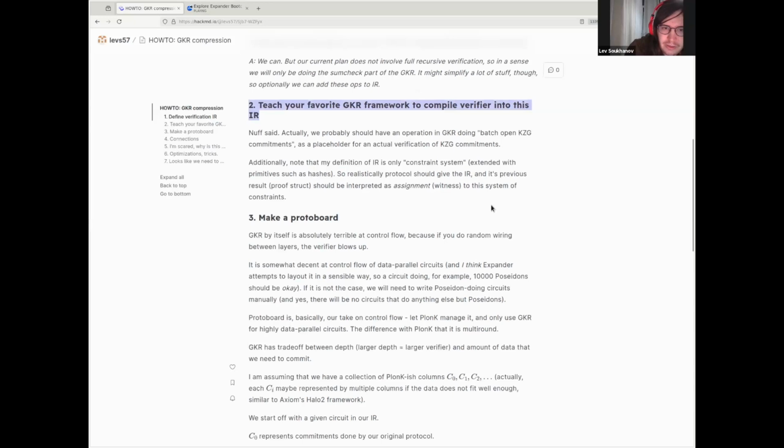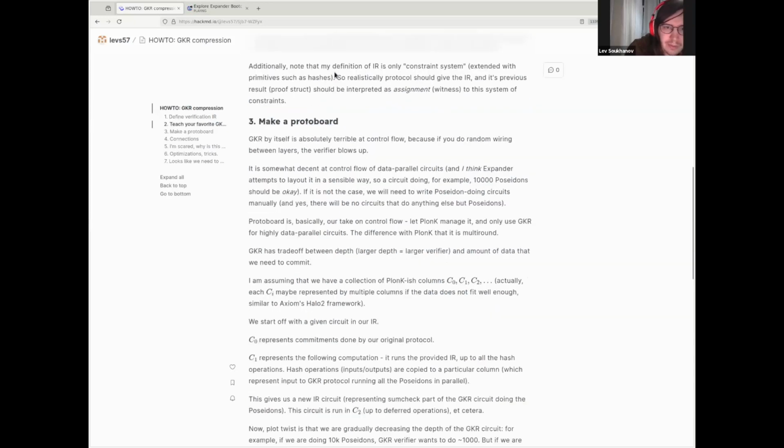Yeah, you will need to do this. And now we basically make a special form of PLONK, which is able to call GKR. The reason for this is that GKR by itself is not good at control flow. I even used stronger words here, but this is actually correct, because if you do random wiring between two layers, the verifier will blow up.